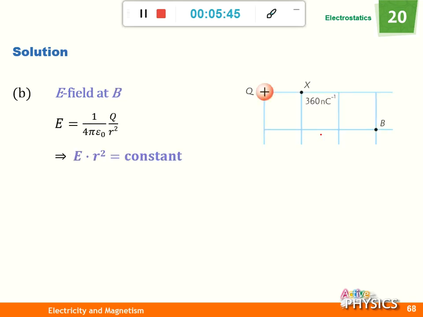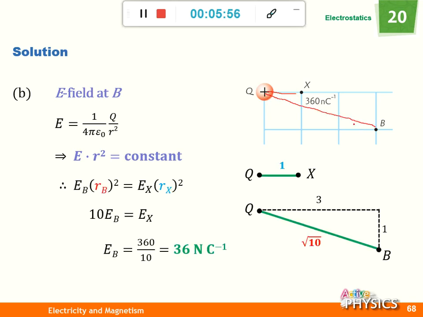Similarly, how about B? B depends on the distance. This one is 1 unit, 360. How about this? Of course, you can use the Pythagorean theorem to do it. This one is 3 units, 1 unit. Afterwards, the length of the diagonal should be square root of 10.